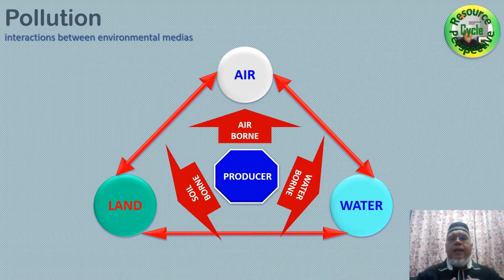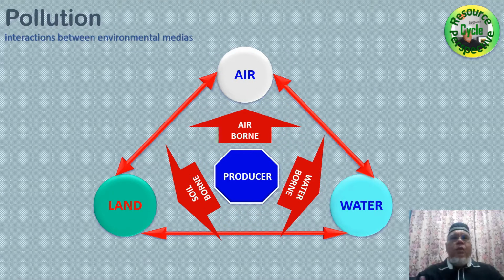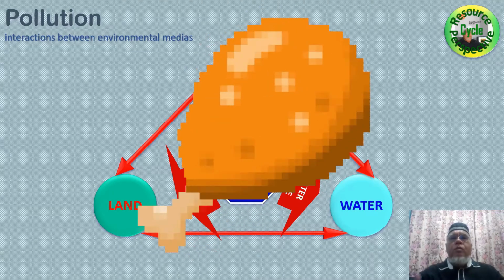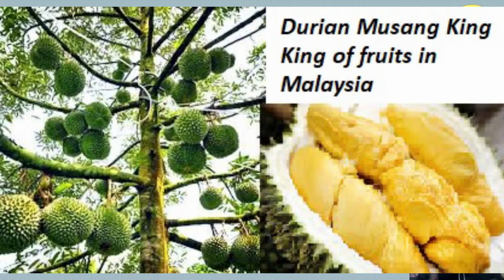It will come back not in the same form, but other forms. It could be our drinking water, it could be our food, it could be the beef that we eat, or in Malaysia it could be the durian Musang King. I believe at this point you are ready to get into details.